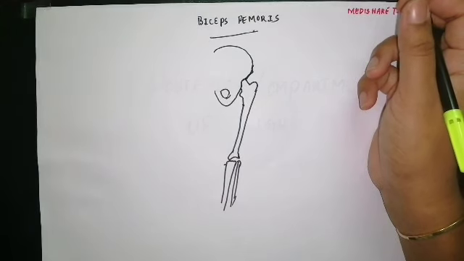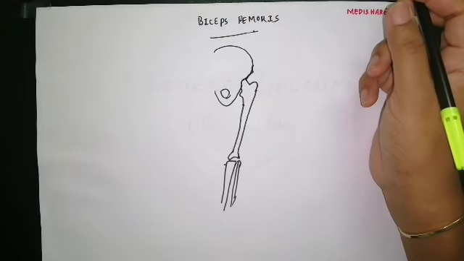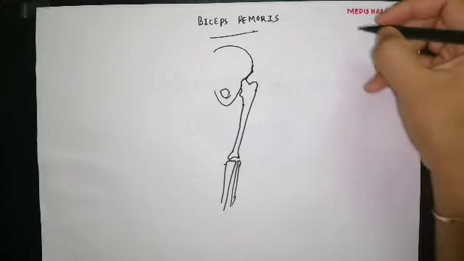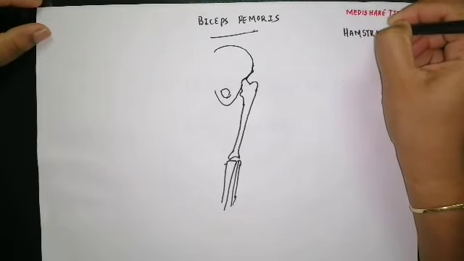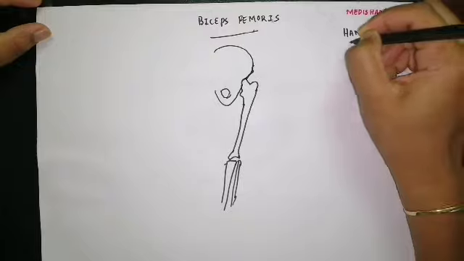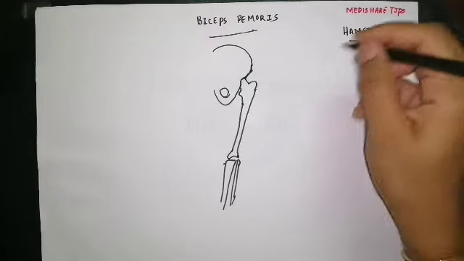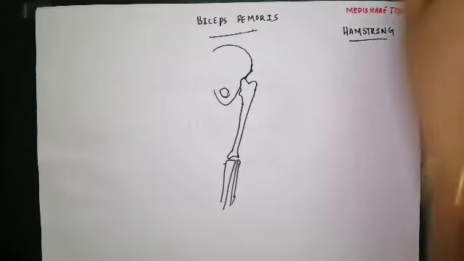One thing you have to know about these muscles of the posterior compartment is that these muscles are known as hamstring muscles. So what are the features of hamstring muscles? A muscle to be called a hamstring muscle should have these features. So which are these features?